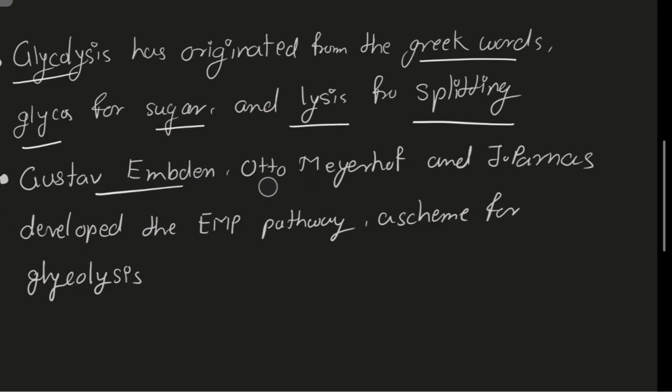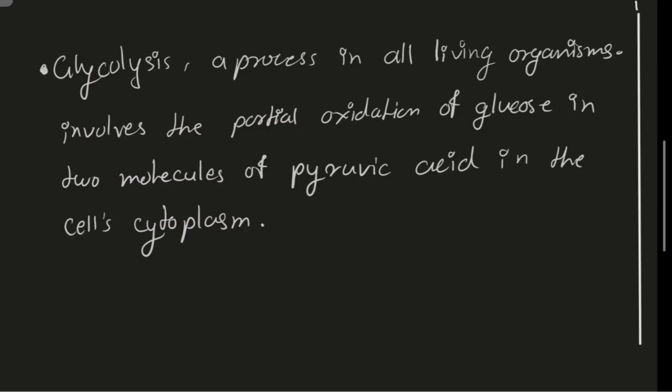Embden, Meyerhof and Parnas developed the EMP pathway, a scheme for glycolysis. Glycolysis is a process in all living organisms involving partial oxidation of glucose into two molecules of pyruvic acid in the cell cytoplasm.